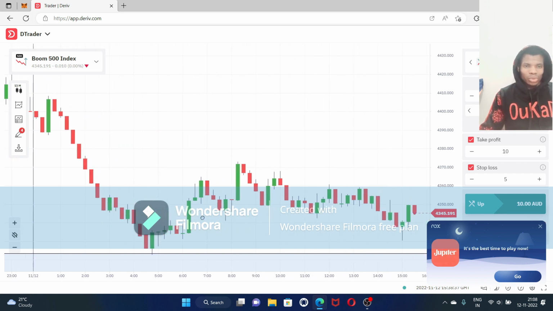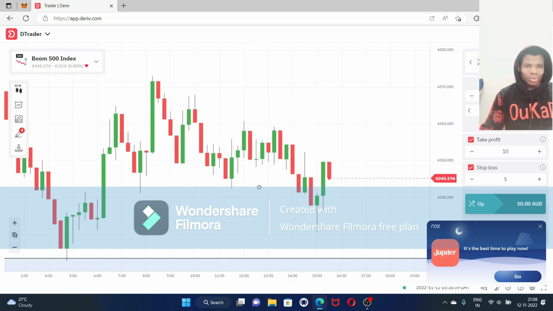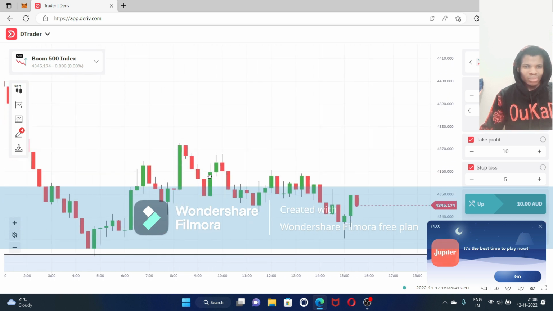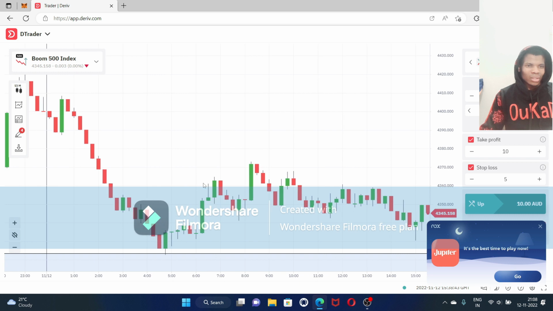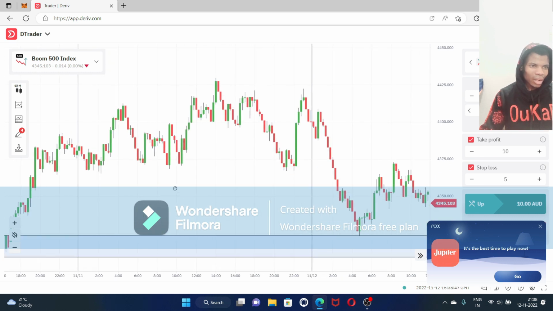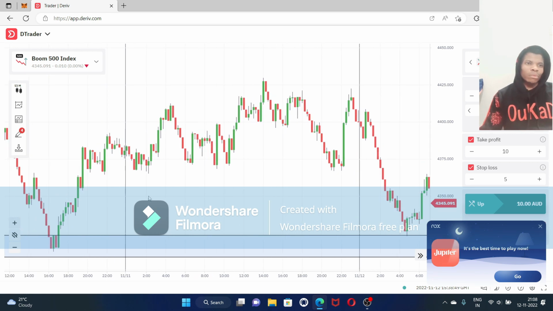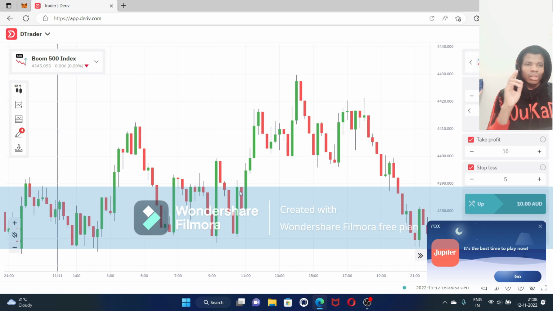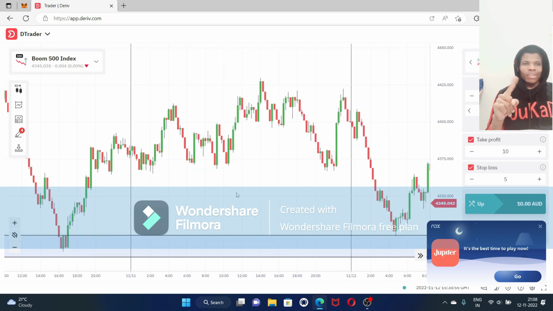I will explain maybe another time. We have two types of candles: a morning star and an evening star. These two candles explain more about things.